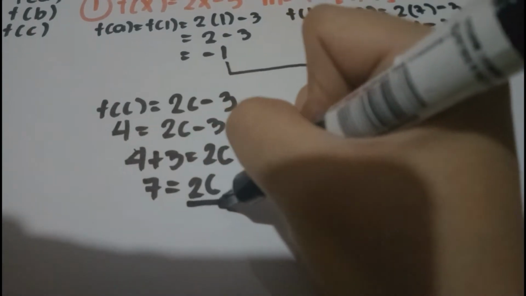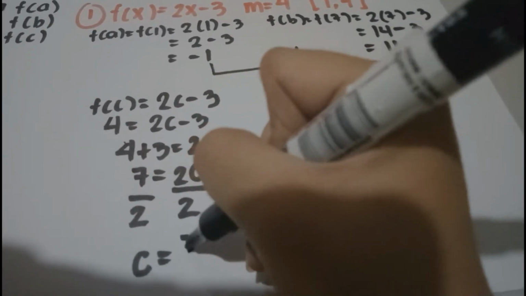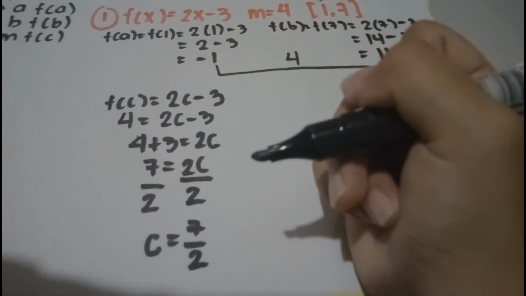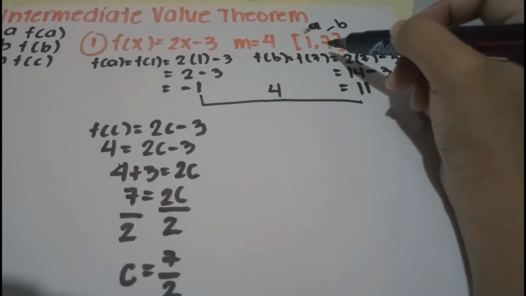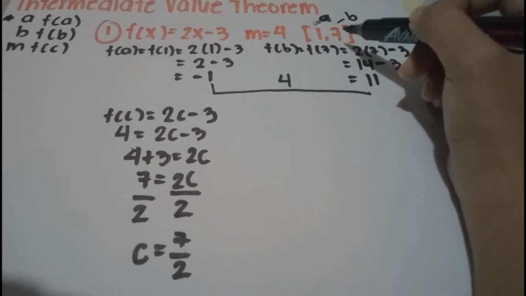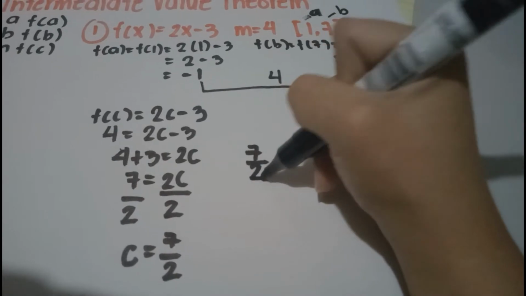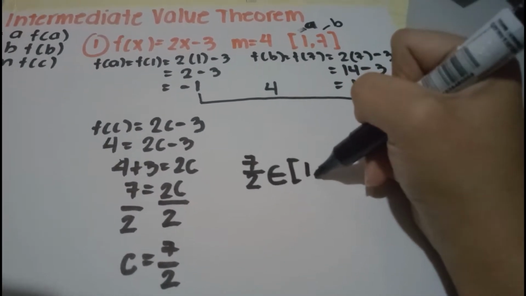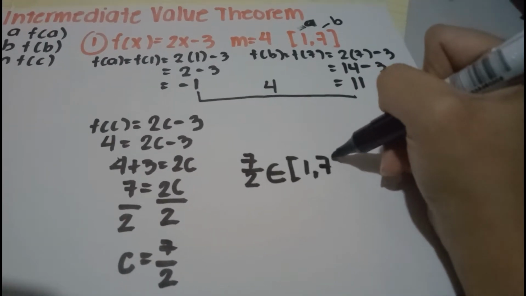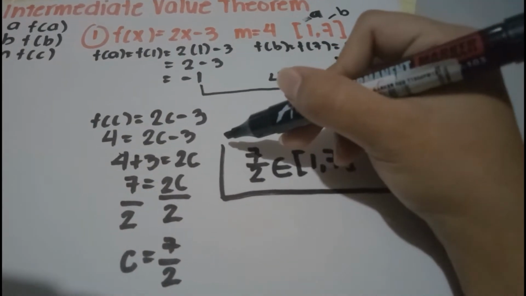Then divide by 2 on both sides. So c is 7 halves. We will see that 7 halves is between the interval of 1 to 7. So 7 halves is an element of the interval 1, 7. So that is the final answer.